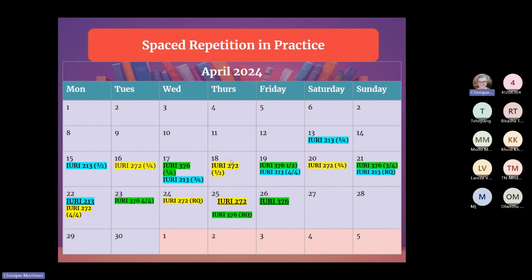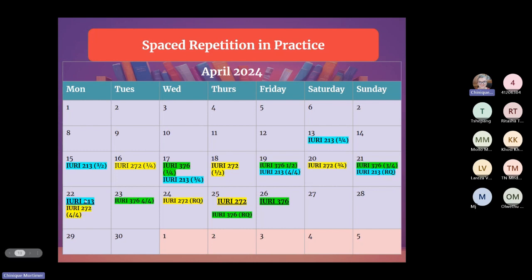Never do more than 2 modules per day. When you have revision questions on the day, I would suggest only focusing on that module. So in this case, I would say move your 376 to the Saturday, because you're going to have more time on the Saturday and you want to focus on your revision questions here.